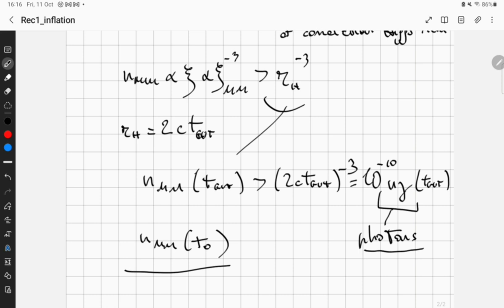And that is because this kind of interaction does not vary in time. So throughout the evolution of the universe, this number density wouldn't be modified. And so we would find that at the present time, the numerical density of magnetic monopoles would still be around 10 to the minus 10.